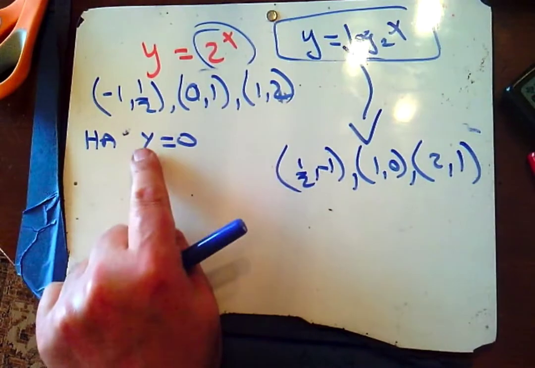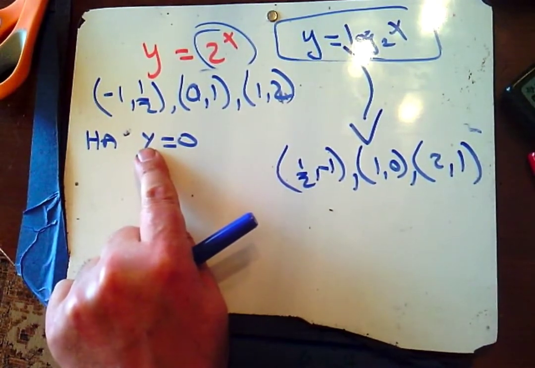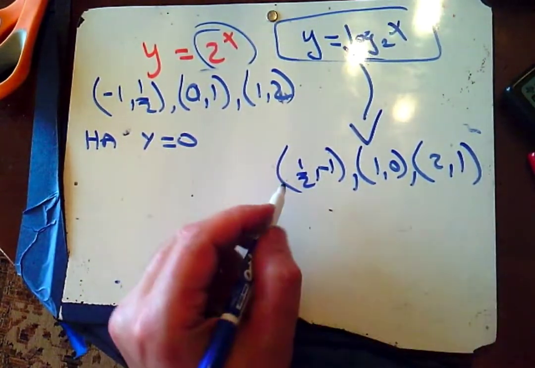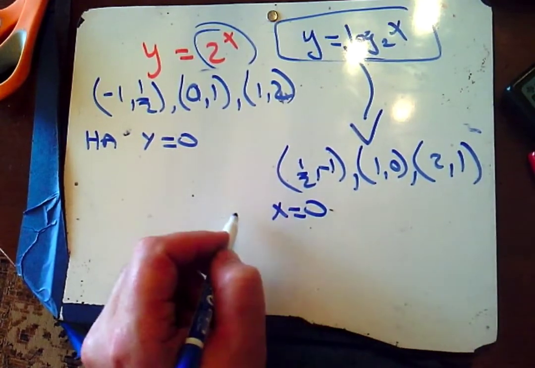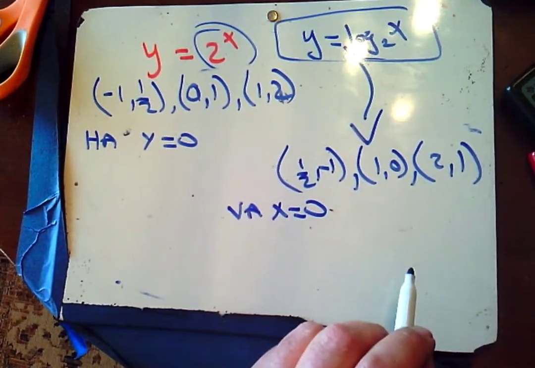And because I'm switching x's and y's, what happens to this? Well, horizontal asymptote y equals 0 now becomes x equals 0, which is a vertical asymptote.